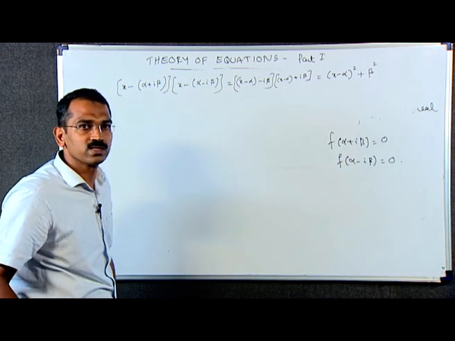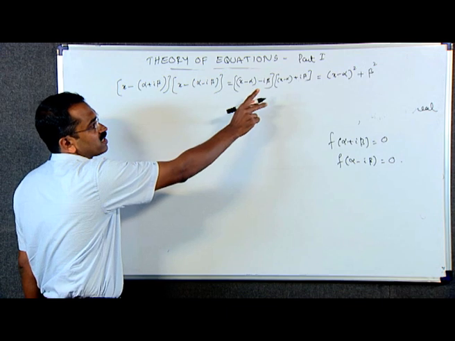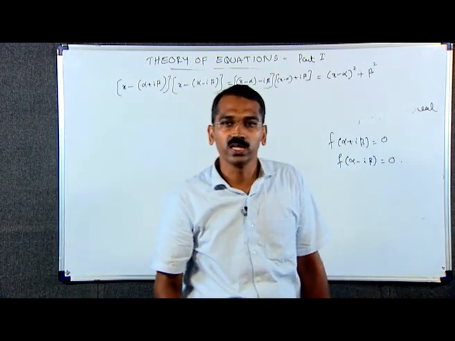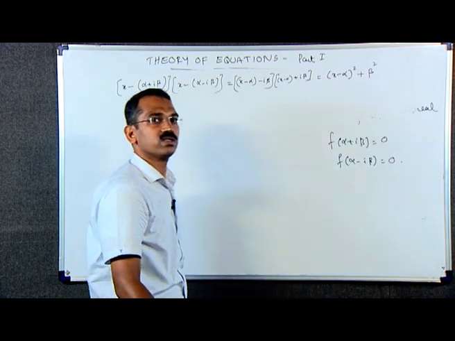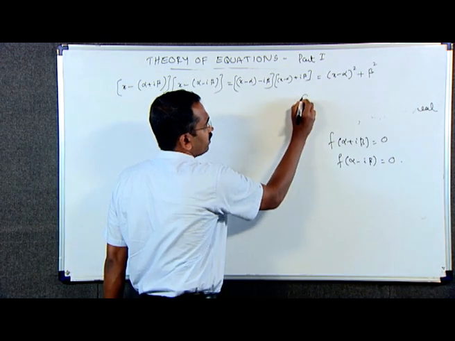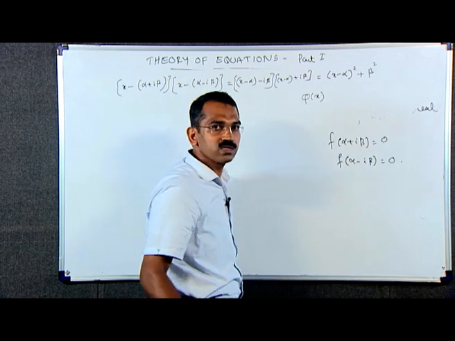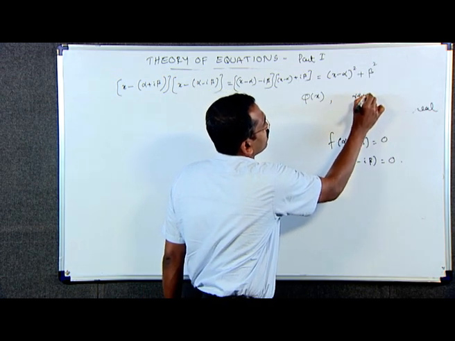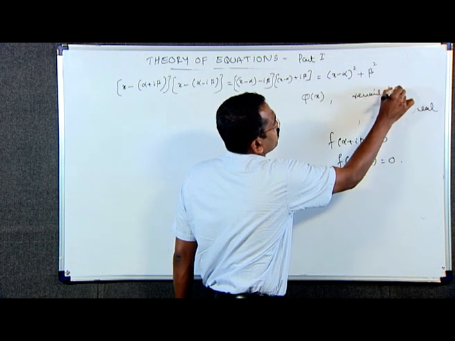When f of x is divided by (x minus alpha) whole square plus beta square, let the quotient be phi of x and the remainder be ax plus b. Consider the quotient as phi of x and the remainder as ax plus b.